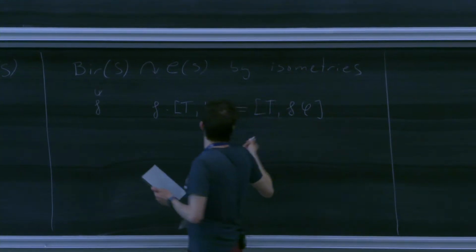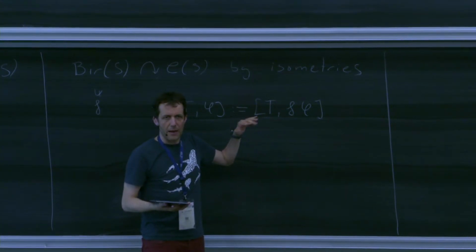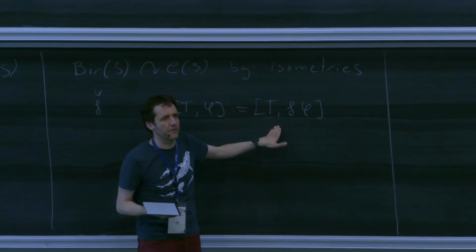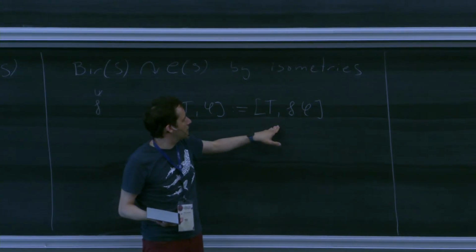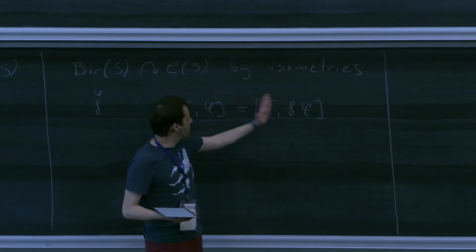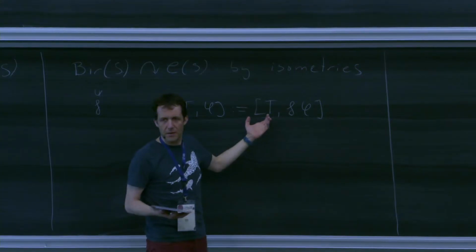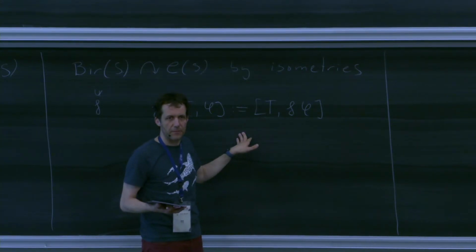So essentially, we just operate on the markings. We change the markings. And it's immediate from the definition that this is an isometry: edges are preserved, cubes are preserved. It follows directly from the definition.